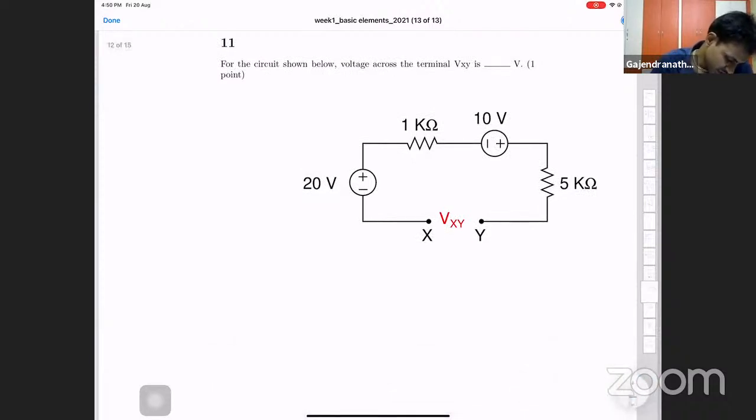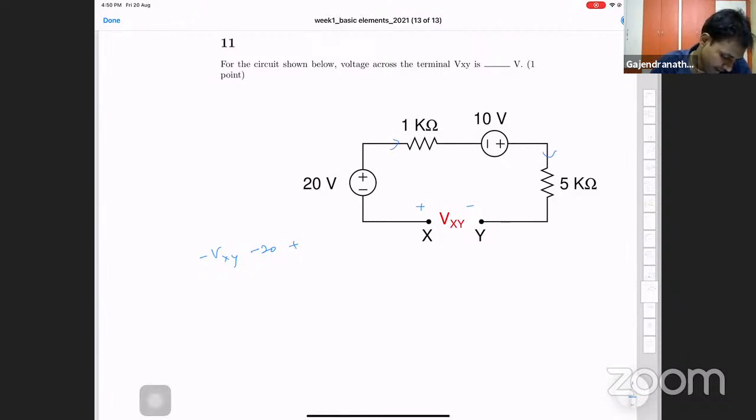This loop is open. I'm just measuring the voltage. There is no current in this loop. When the loop is not closed, there cannot exist a current in 1 kilo ohms, right? So there is no voltage across 1K and 5K.